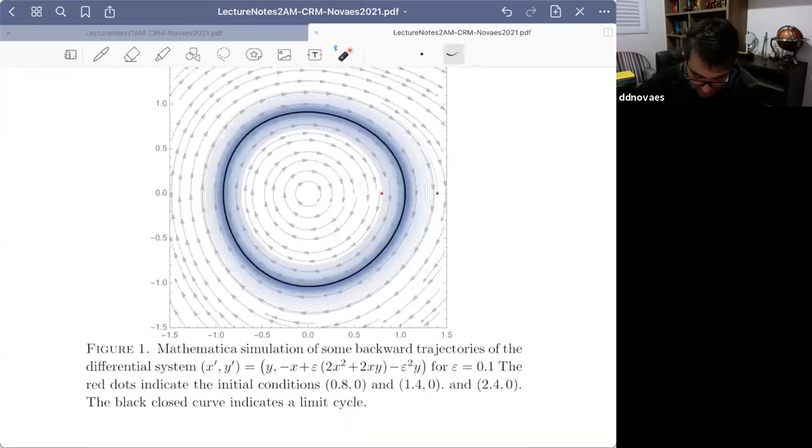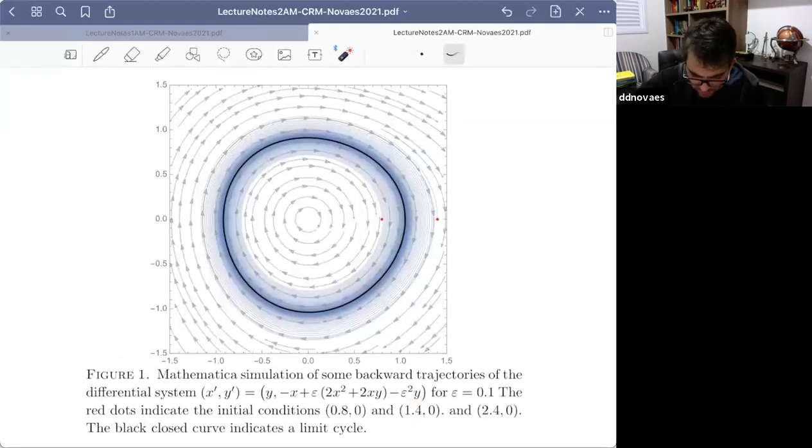Okay, so this is a system that satisfies the hypothesis: y minus y plus epsilon multiplied by this quadratic polynomial minus epsilon squared y. And I run the simulation for epsilon equal to 0.1. I also have to assume some numerical values for the parameter of perturbation.